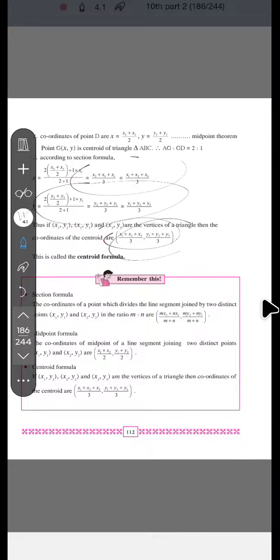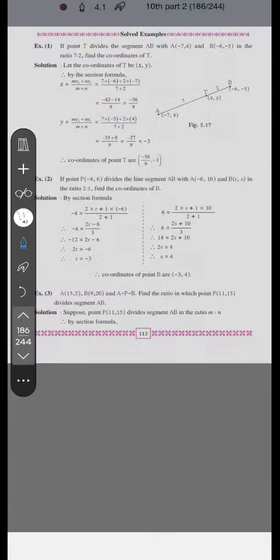Different properties and cases are given on page number 112. Just go through that, try to understand, try to remember. If you cannot remember, do a writing practice of that so you can remember.